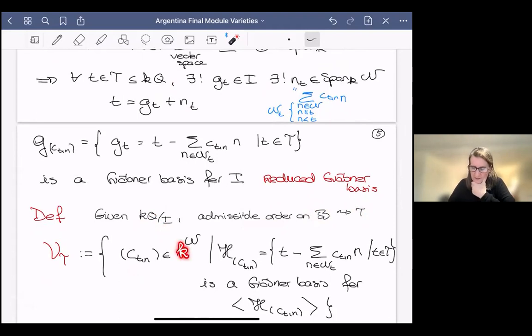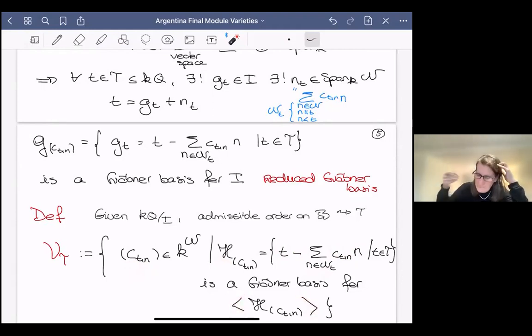They are in this n-fold product of K. And then for every vector here, we form this set here. So we have t minus, and then we have n going through the set of non-tips, and we take these c_tn, which are given here. And we only take those vectors of scalars such that this set here is actually a Gröbner basis for the ideal generated by the set.